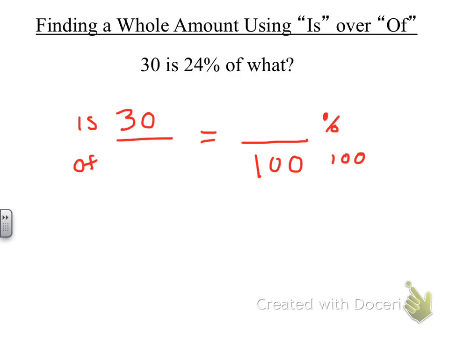No, because 24 is attached to what? Look at it. It's attached to the percent. Oh, so then 24% would go over 100. Right, and I just write the 24. And n goes under. Right, because what's attached to of? The what. And when we have the what, we put the x or the n. And there we go. There's our proportion. Now you guys finish it up. Go.